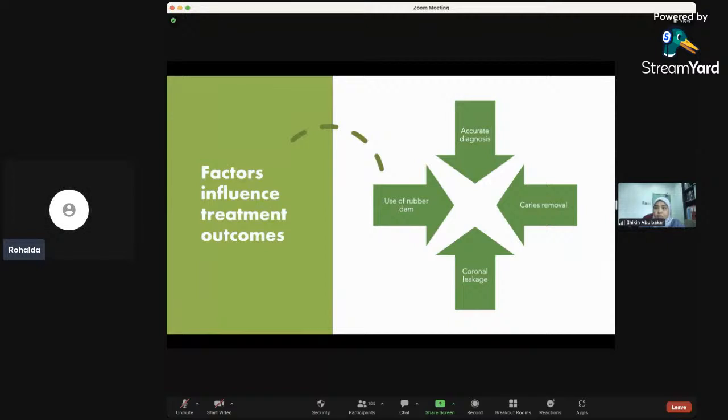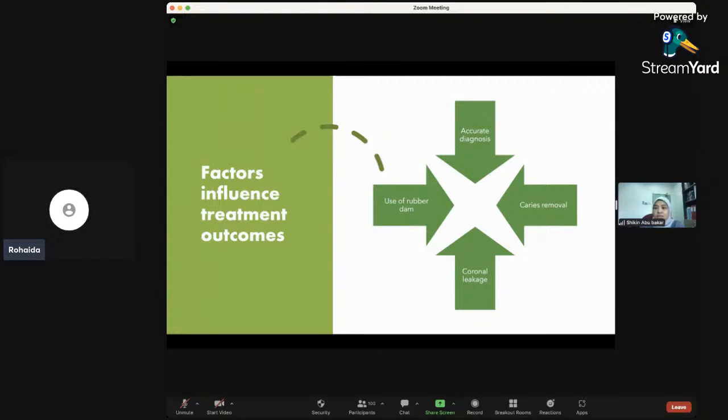So again, I have to emphasize the factors that influence your treatment outcome. First, always go back to your diagnosis. If you get the correct diagnosis, inshallah, the treatment will be okay for the patient. Then isolation is a must.